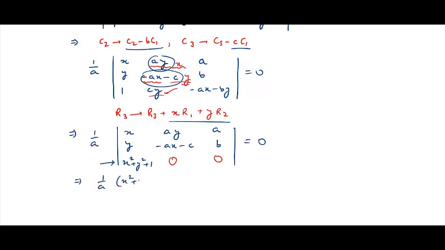times x square plus y square plus 1 into minus a square x minus ac. Sorry, you have to expand it along the third column.